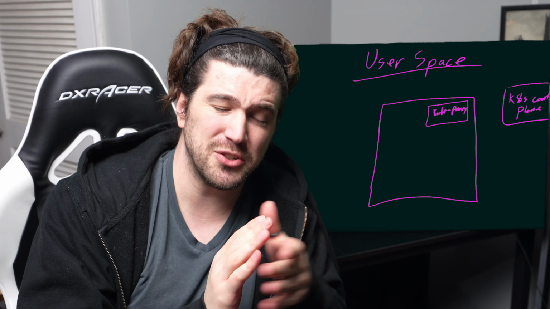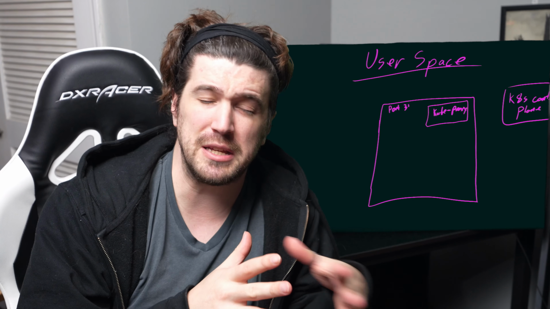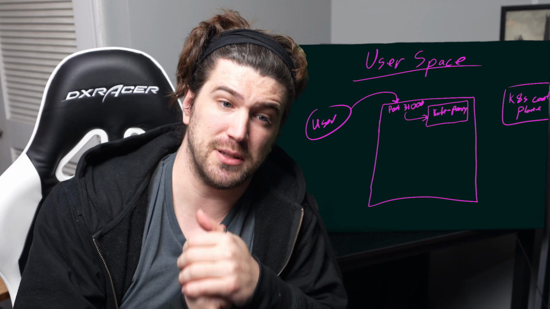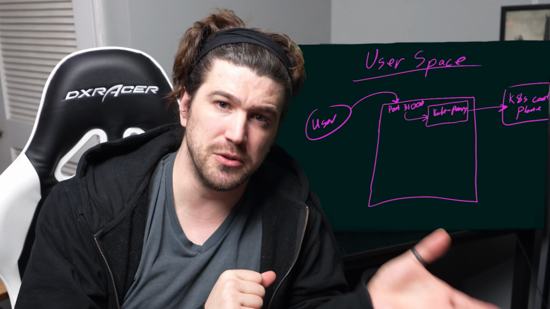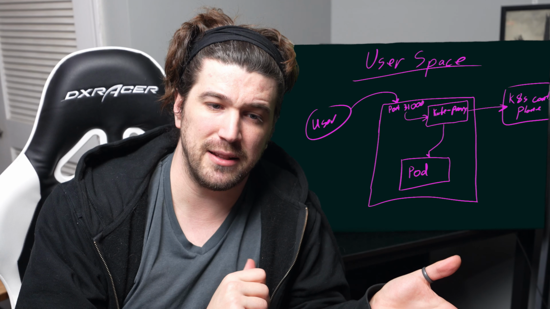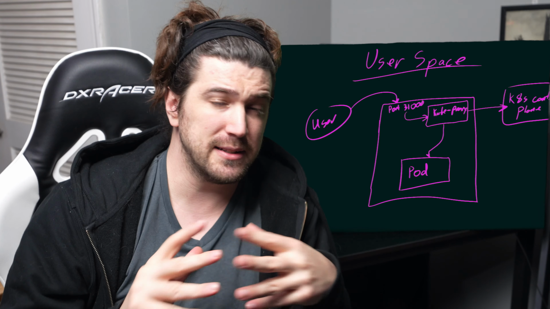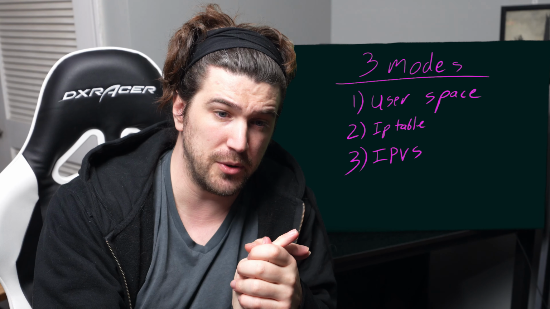Because of this, it is fairly slow, and it's not the preferred way to run your cluster, because it runs in user space. This means there is a whole translation from kernel space to user space, and it's not the most performant method of doing it.